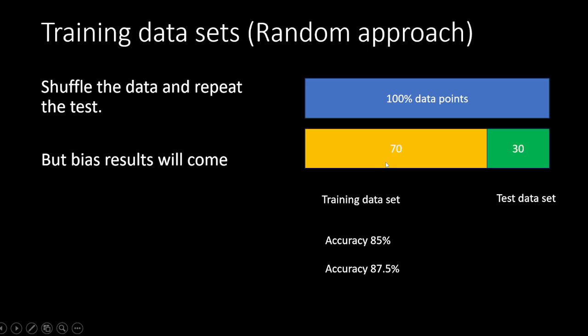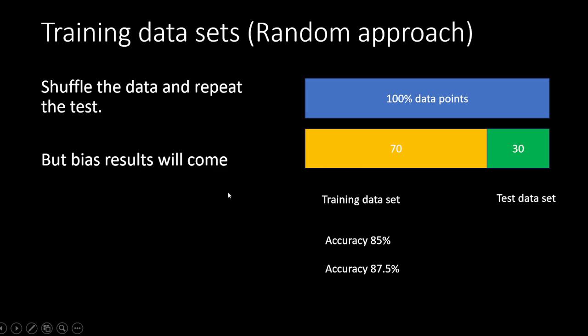But sometimes what happens is, whatever you are asking the machine to learn may not represent what is in your test data. So the test data might be unique compared to your training data. If that is the case, there could be a chance of bias, so results may not come.